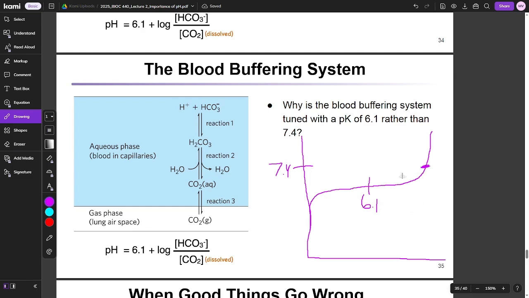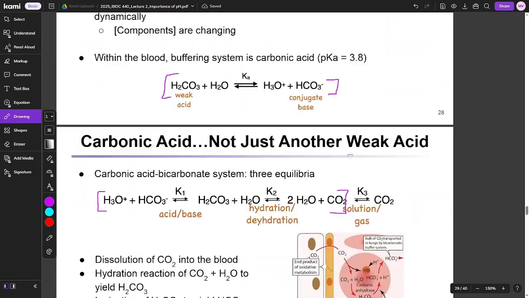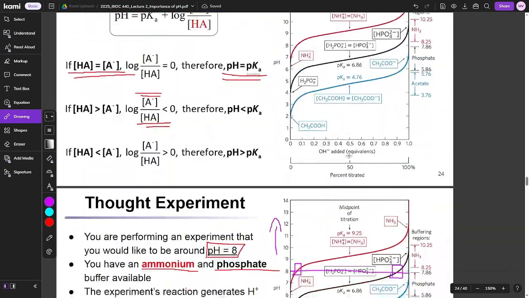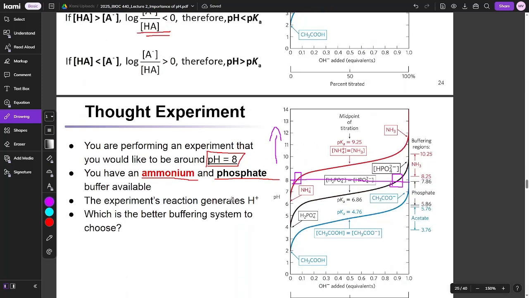So if we add H+, you have all of this room to decrease the pH without causing any problems, right? That's what we talked about up here. Because we're producing H+, you want to be up here, or in this case, it was up here, not down here on the buffering system.